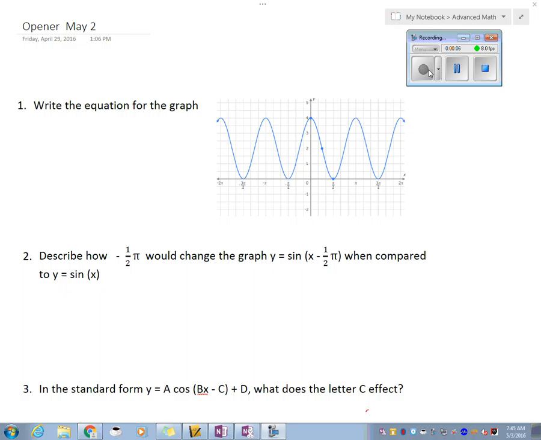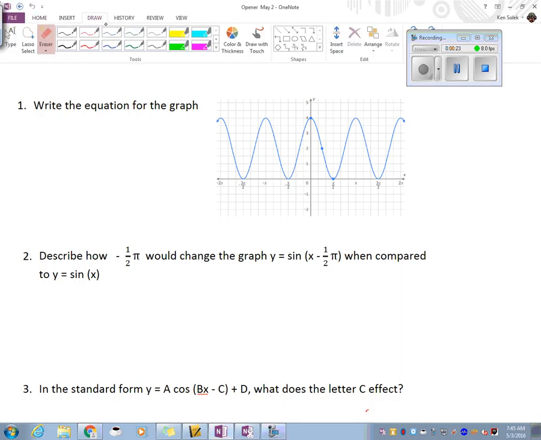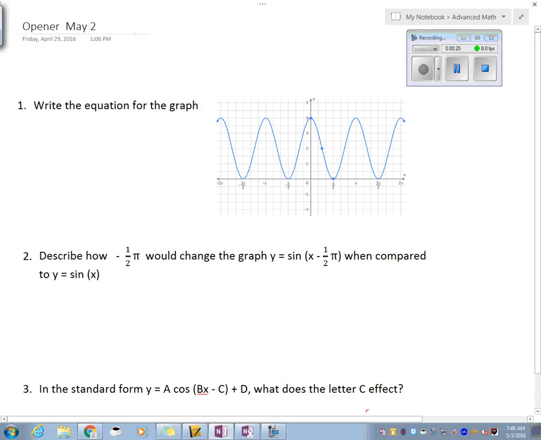AP test this morning. So if we're writing the equation for this graph in number 1, you need to look at where the midline goes. And for this particular one, the midline has moved to here. So now we can take a look.